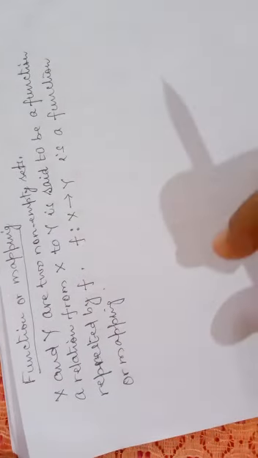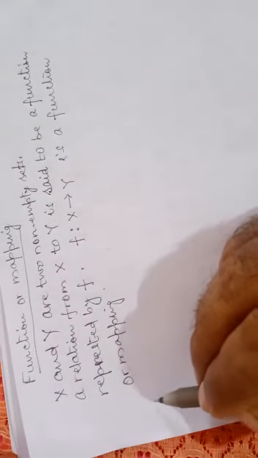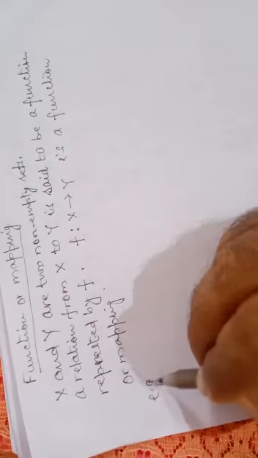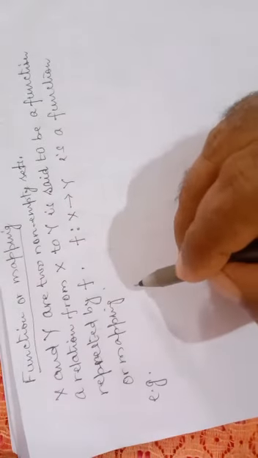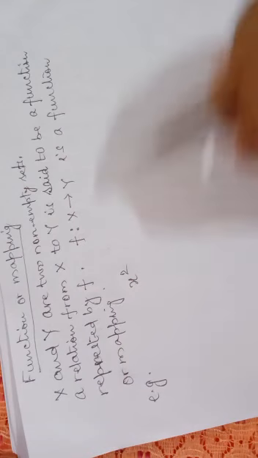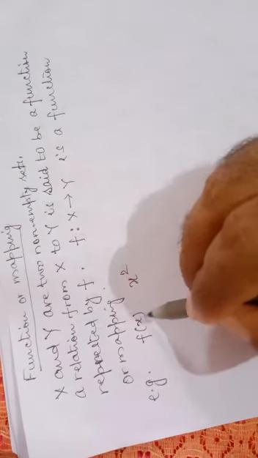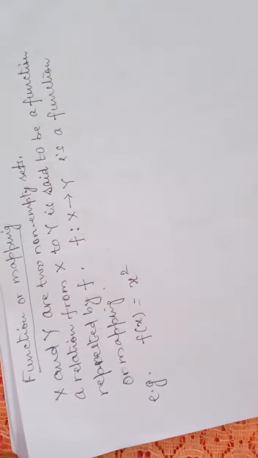First, understand with a suitable example. Suppose x square is a function, and we write it as f(x) equals x square.